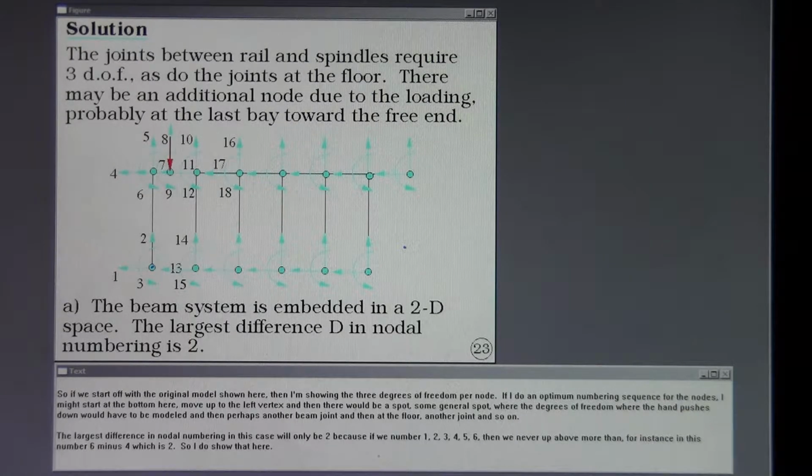The largest difference in nodal numbering in this case will only be 2, because if we number 1, 2, 3, 4, 5, 6, then we never have up above more than, for instance, in this member, 6 minus 4, which is 2. So I do show that here.